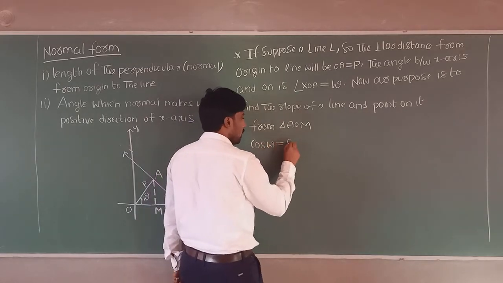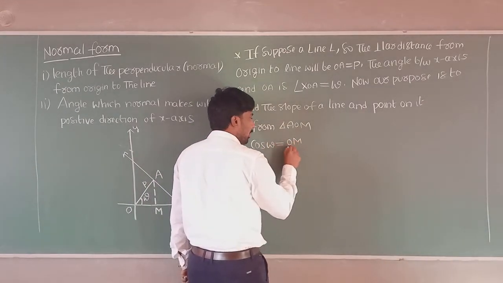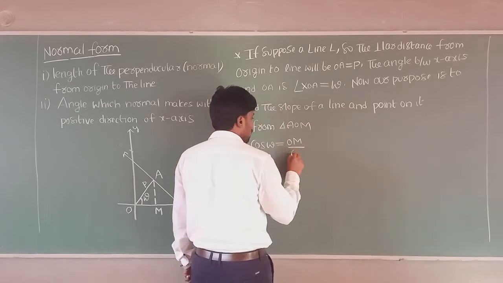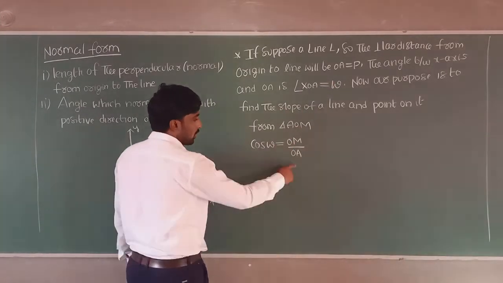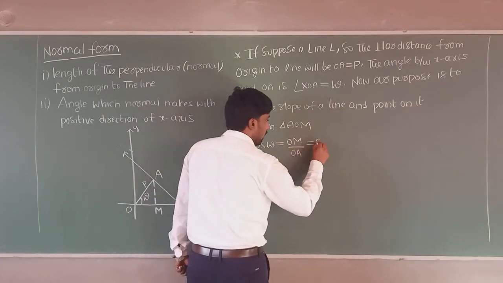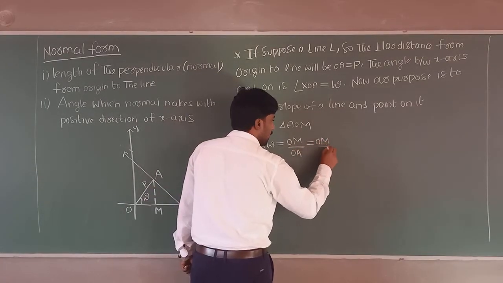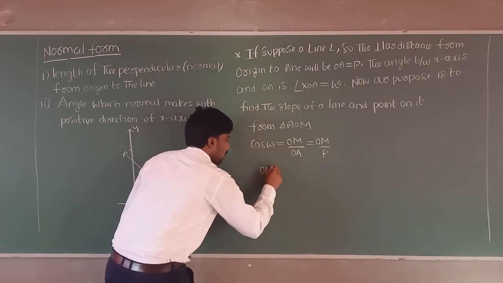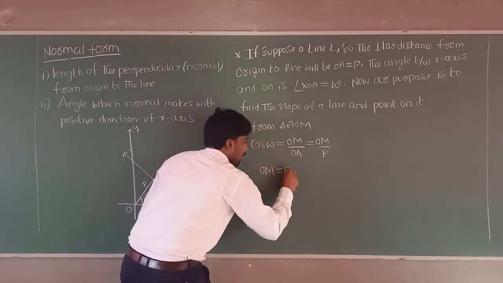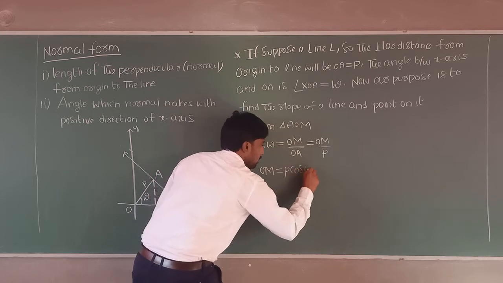Adjacent side is OM, by hypotenuse OA. Now I know OA equals p. So if I substitute, I get OM by p. If p comes to this side, OM equals p cos omega.